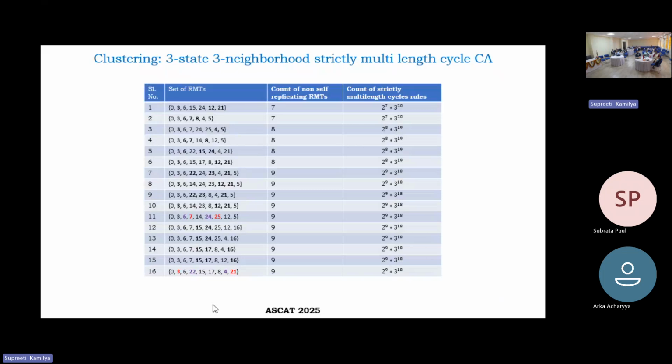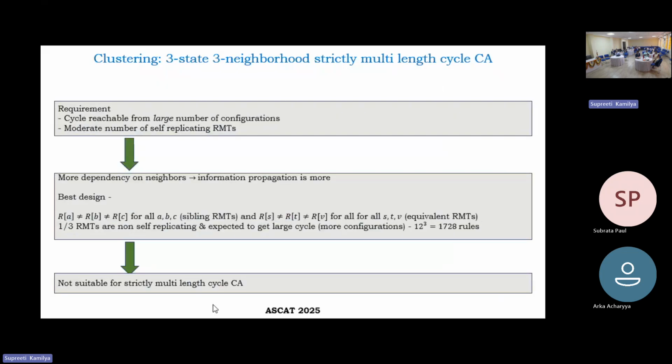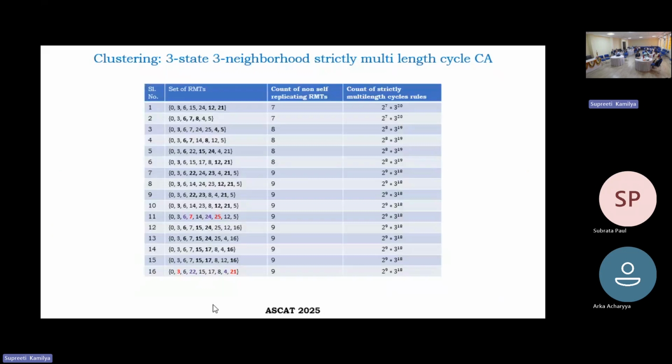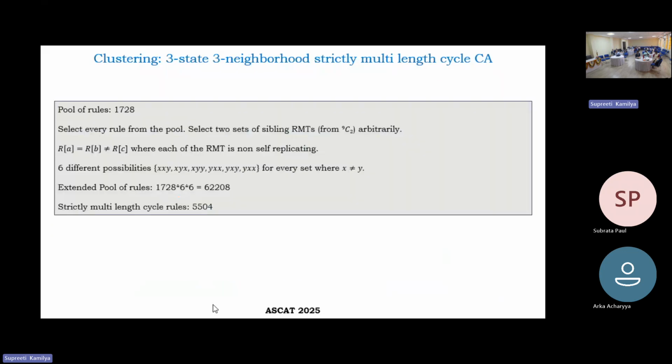When we consider 6, 7, 8 as non-self-replicating, 3 of them have 2 different values, and 3 of them don't have 3 different values. So that's why we have to make some alternate option. Initially our target was to make all the sibling and equivalent RMTs different. Now we are relaxing that restriction, and we are making it like this.